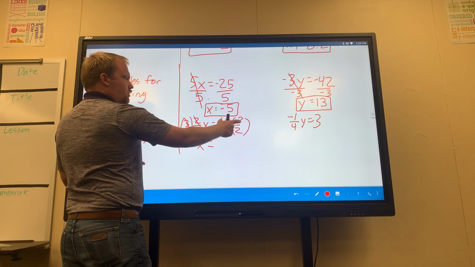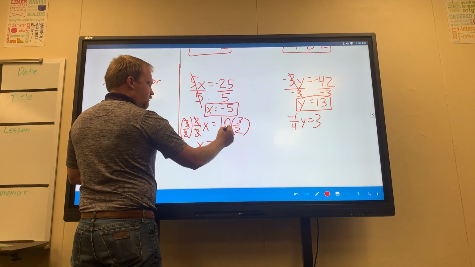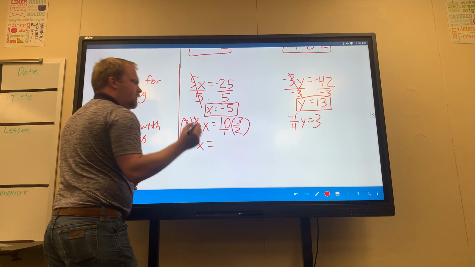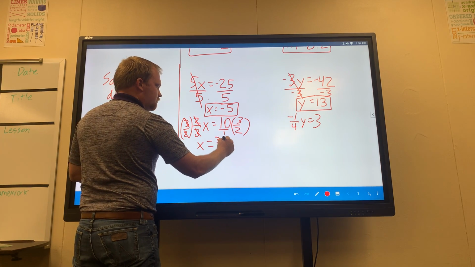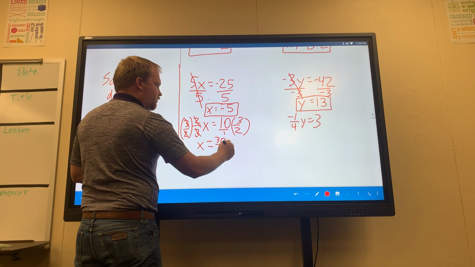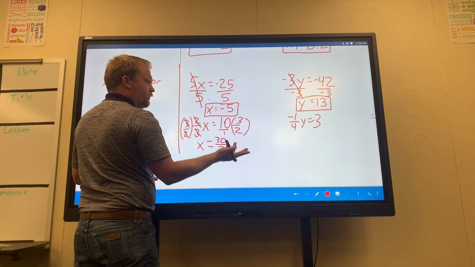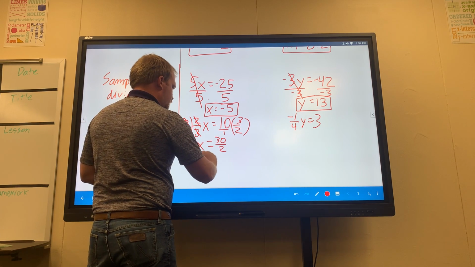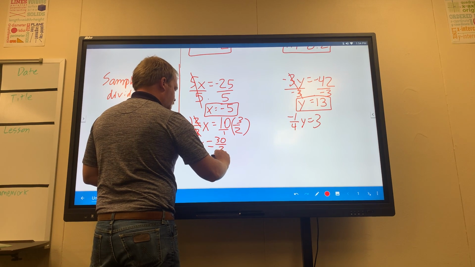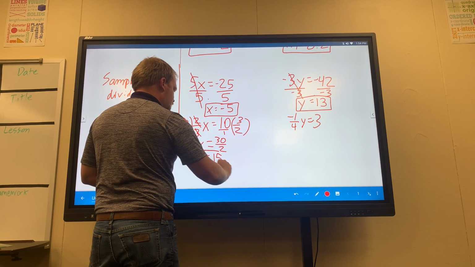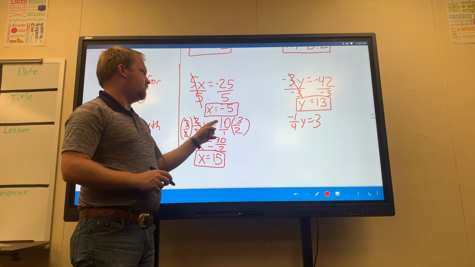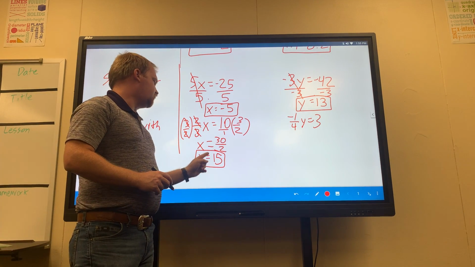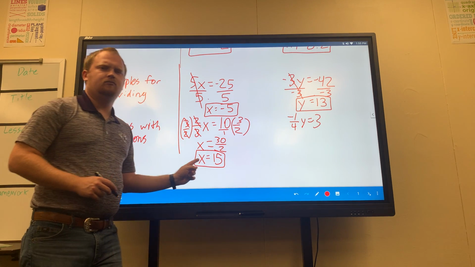Now, what you could do here is you can put a 1 underneath the 10 and say 10 times 3 is 30. 1 times 2 is 2. Well, 30 divided by 2 is just simply 15. So the answer for 2/3 x equals 10 is going to be x equals 15.